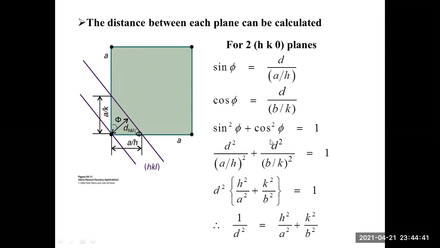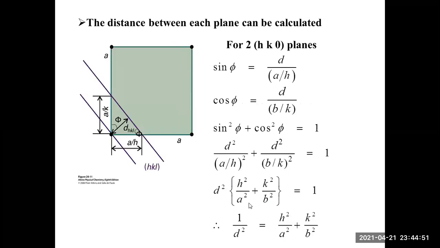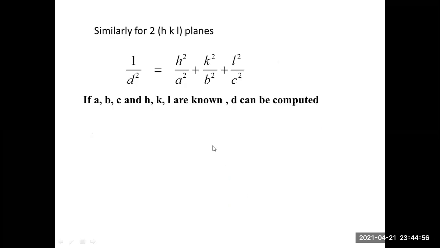Now this is the case for this plane we are talking about. So for the 3 dimension, for the complete HKL plane, there is also 1 by c. In the previous case, 1 by d square is equal to h square by a square plus k square by b square. So in 3 dimensions, it can be written 1 by d square is equal to h square by a square plus k square by b square plus l square by c square. So if a, b, c, and HKL are known, then you can easily compute the value of d.